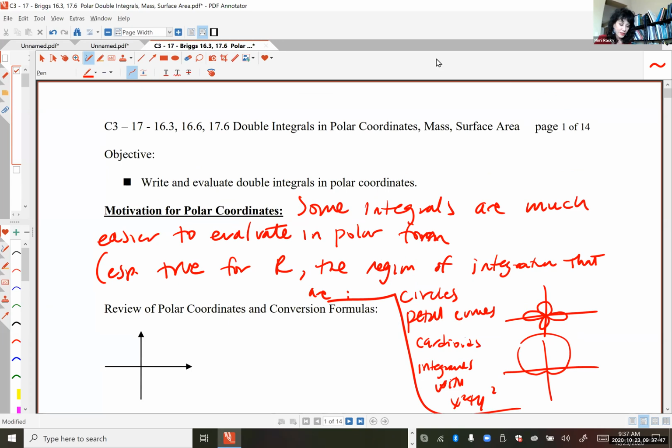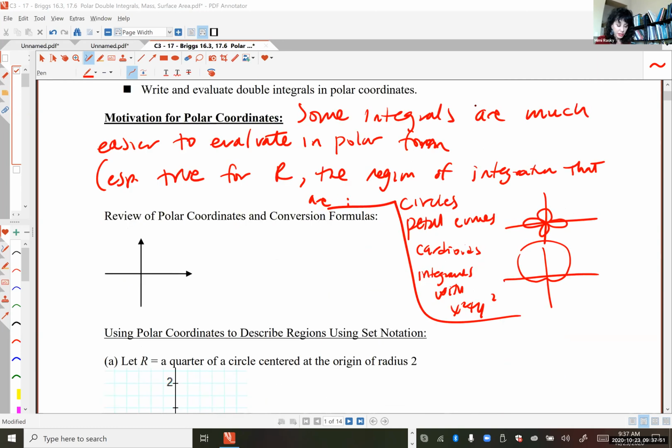So these are all good candidates for converting the whole thing to polar coordinates. Polar coordinates are cool. Let's do a quick review, because you may have forgotten how to do this. Polar coordinates are just a different way to represent 2D. This is the rectangular coordinate system.